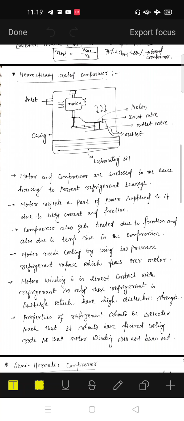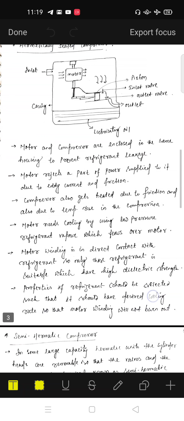The motor needs cooling by using low pressure refrigerant vapor which flows over the motor. So the motor winding is in direct contact with the refrigerant, so only those refrigerants are suitable which have high dielectric strength.